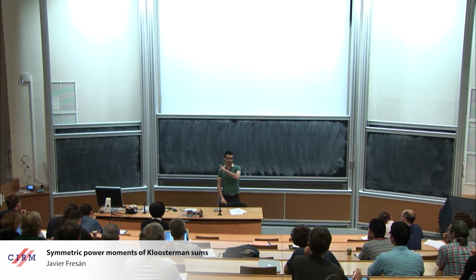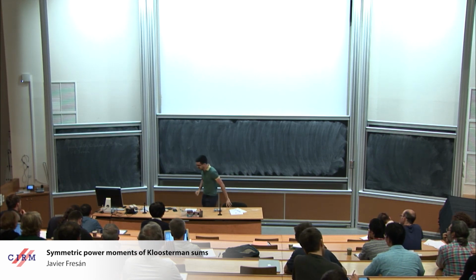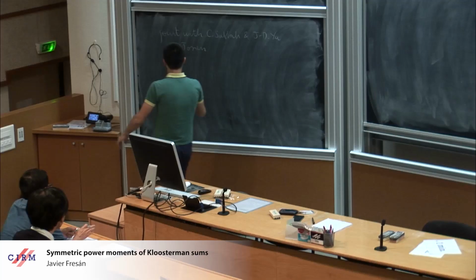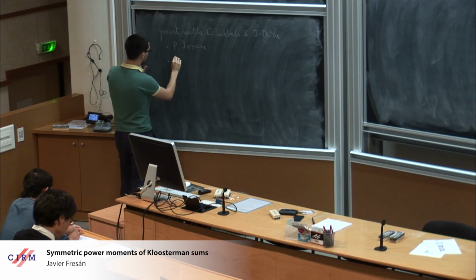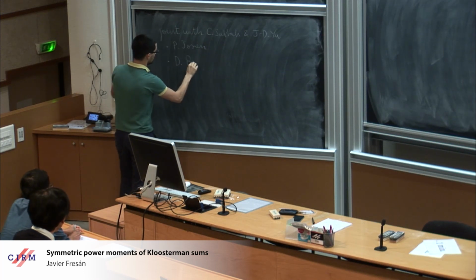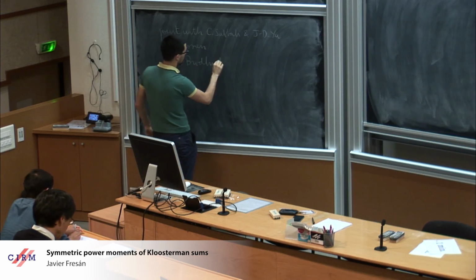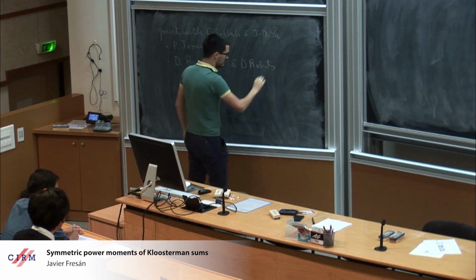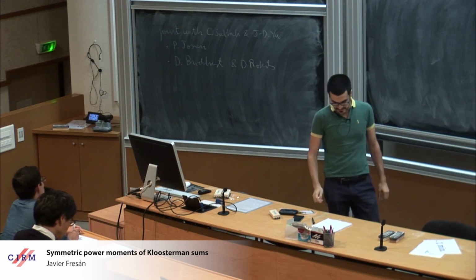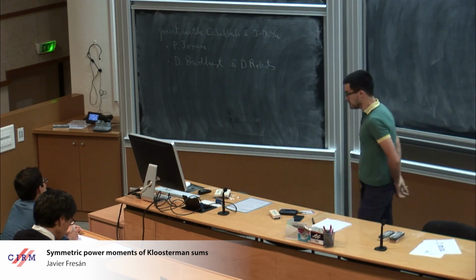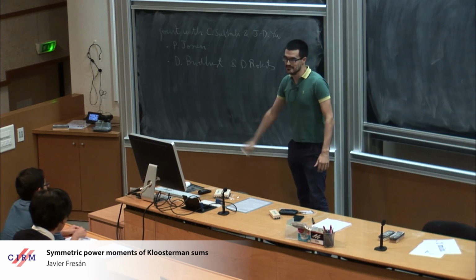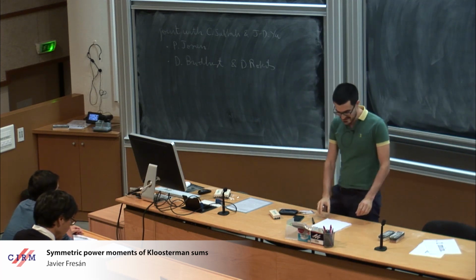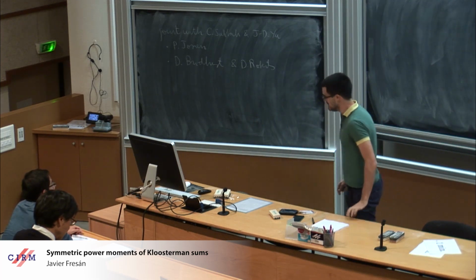So we will use the kind of ideas that were explained at the very end. And also, I should name David Broadhurst and David Roberts. And actually, the whole project started when we were trying to understand some amazing numerical computations they were doing, and that was really the motivation.